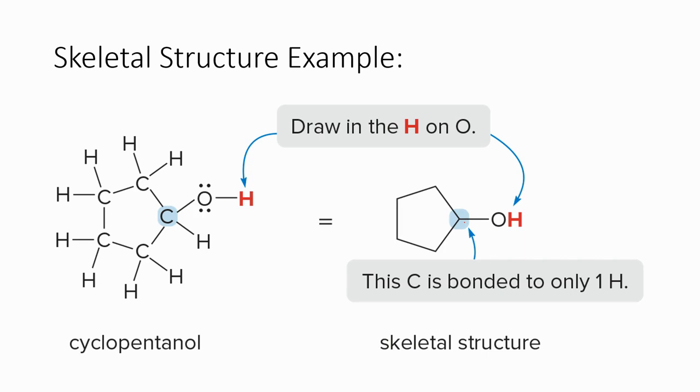This carbon has a bond to oxygen, a bond to a carbon, and another bond to a carbon. Carbon has to have 4 bonds, so the hidden bond, the invisible bond, is a hydrogen. Okay? That's something you're going to have to recognize. Does that kind of make sense? You can see it looks like just a line drawing, that's what we call it, skeletal structure or the line structure.